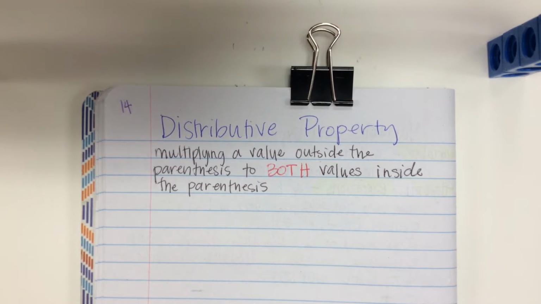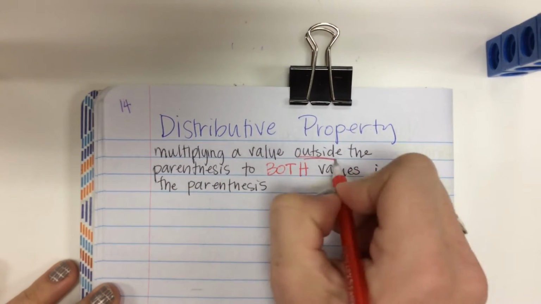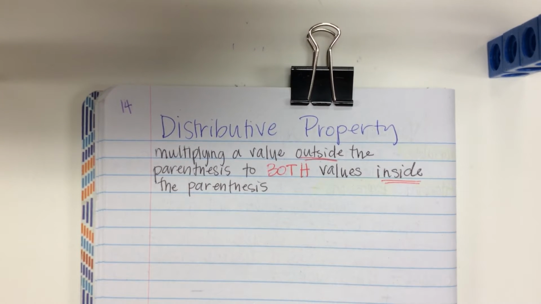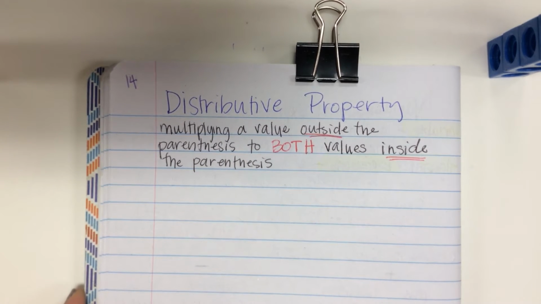The distributive property is multiplying a value outside the parentheses to both values inside the parentheses. So outside to both inside. Because when something touches parentheses, it means multiply.